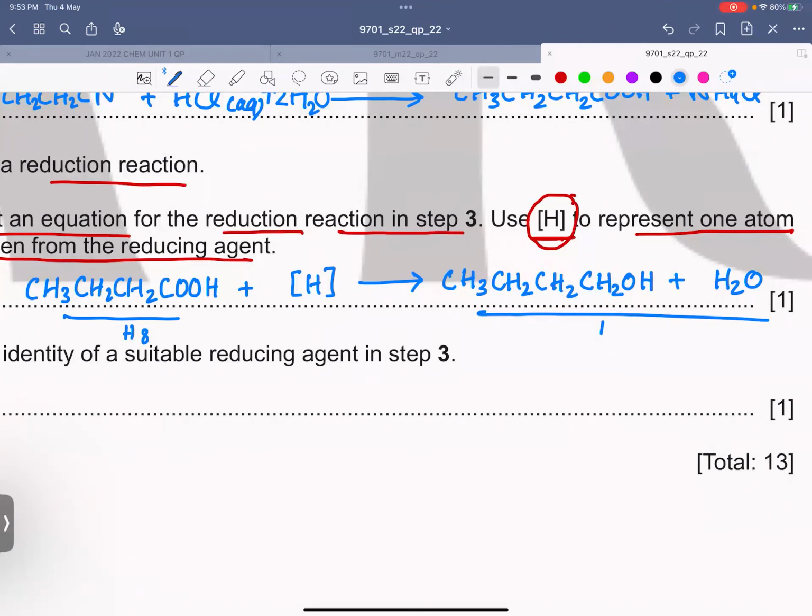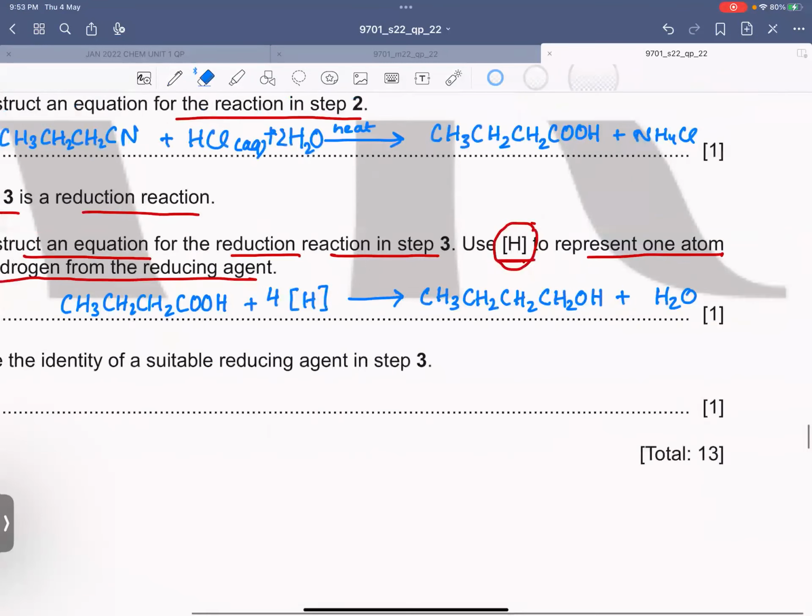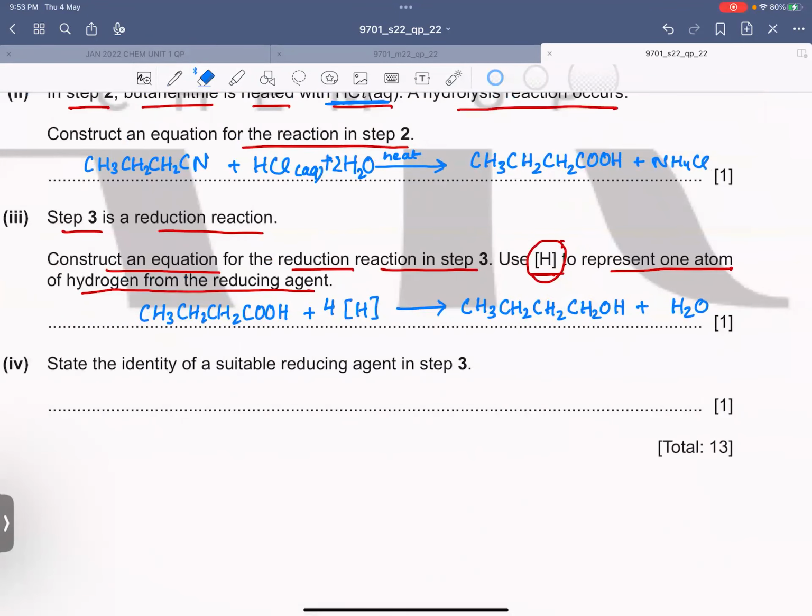And how many hydrogens are over here? 12. So how many hydrogens are fewer on the reactant side? 4. So we would put 4 over here to balance those hydrogens. Is this clear? Yes.